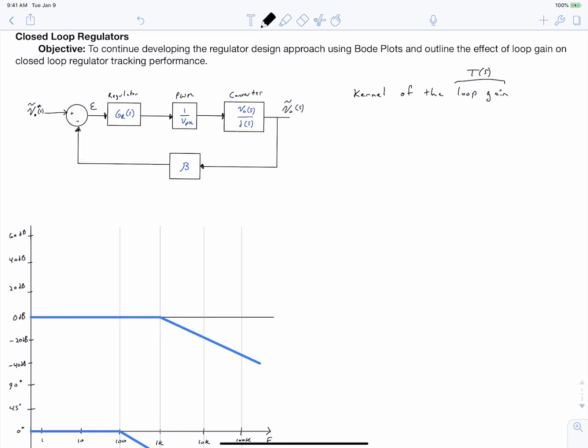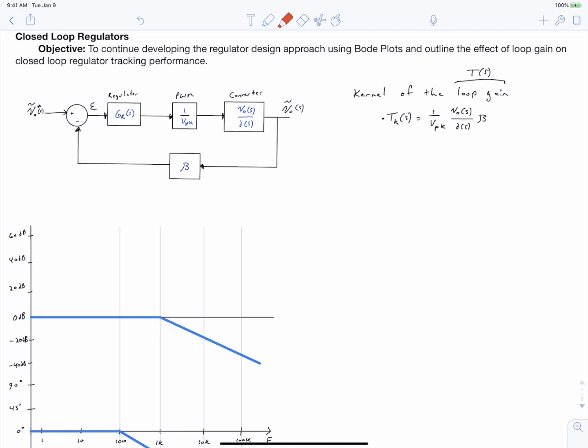The kernel of the loop gain is the transfer function Tk of S, which is equal to the loop gain divided by your regulator. So it's equal to the multiplication of the transfer functions of all the blocks in this block diagram, except for the regulator.